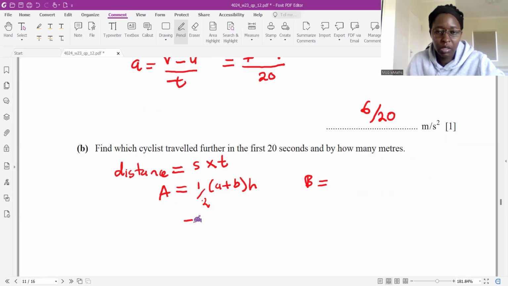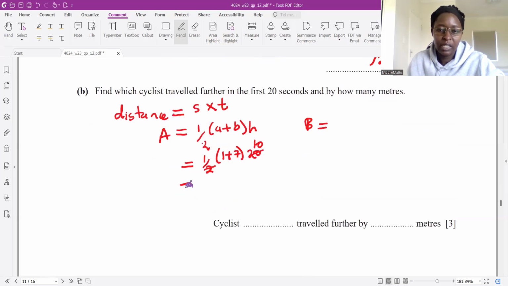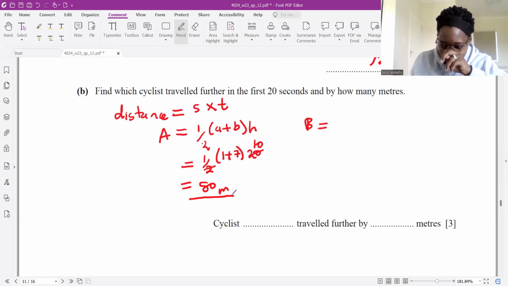So this is equal to half of (1 plus 7) times 20. So this is going to be 10 times 8, that's 80. So cyclist A is 80 meters. That's the distance that they have traveled.